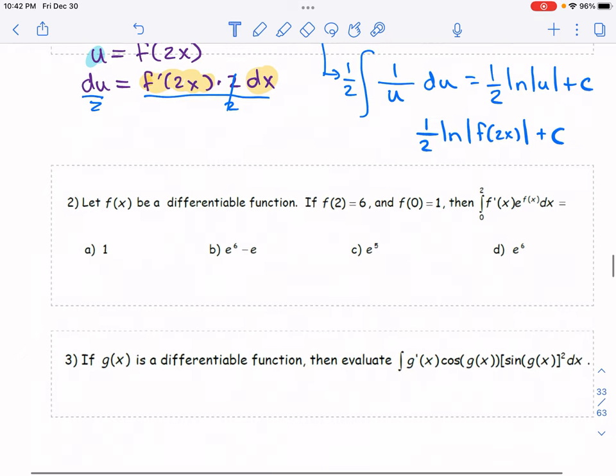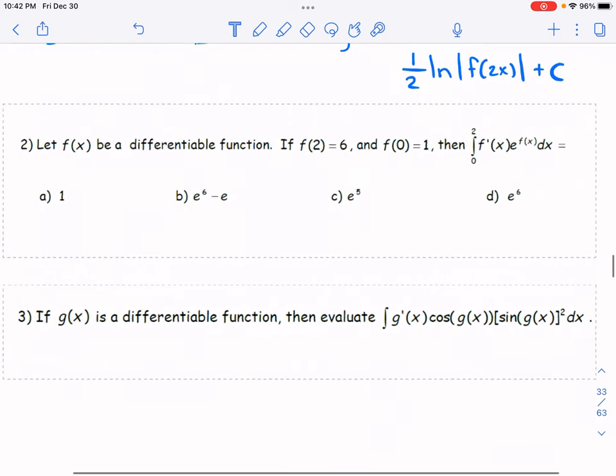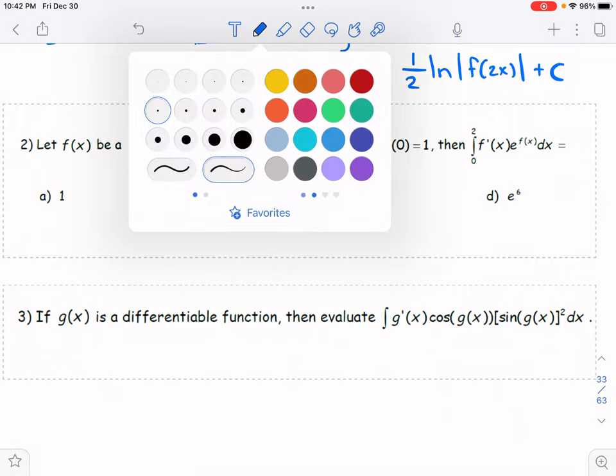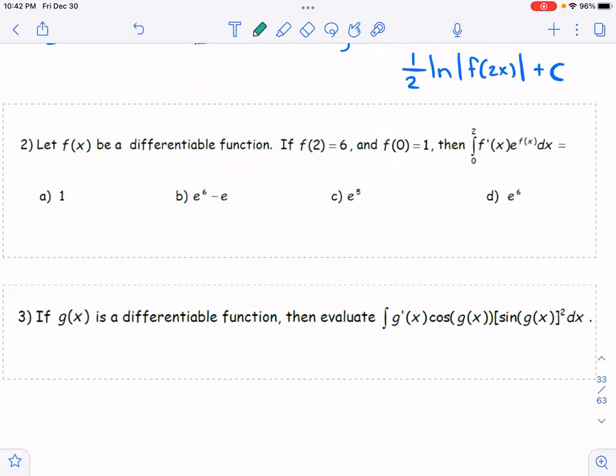All right, let's try a couple more. In this example, it's something similar. They gave us these values here. That probably means we're going to need them, so I'll just note that. But here's my integral. It's a definite integral, because the limits of integration are there.